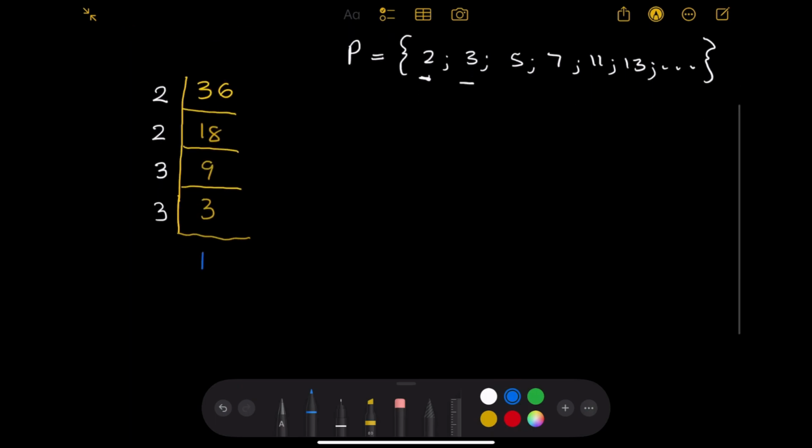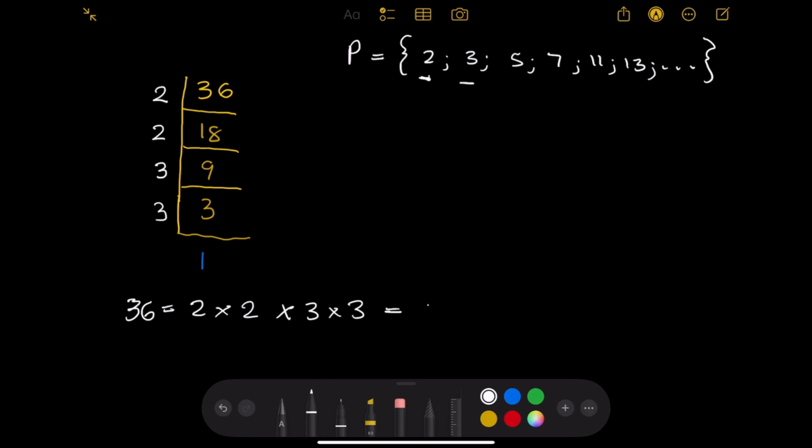So if I had to express 36 as a product of its prime factors, then 36 would be equal to 2 times 2 times 3 times 3.